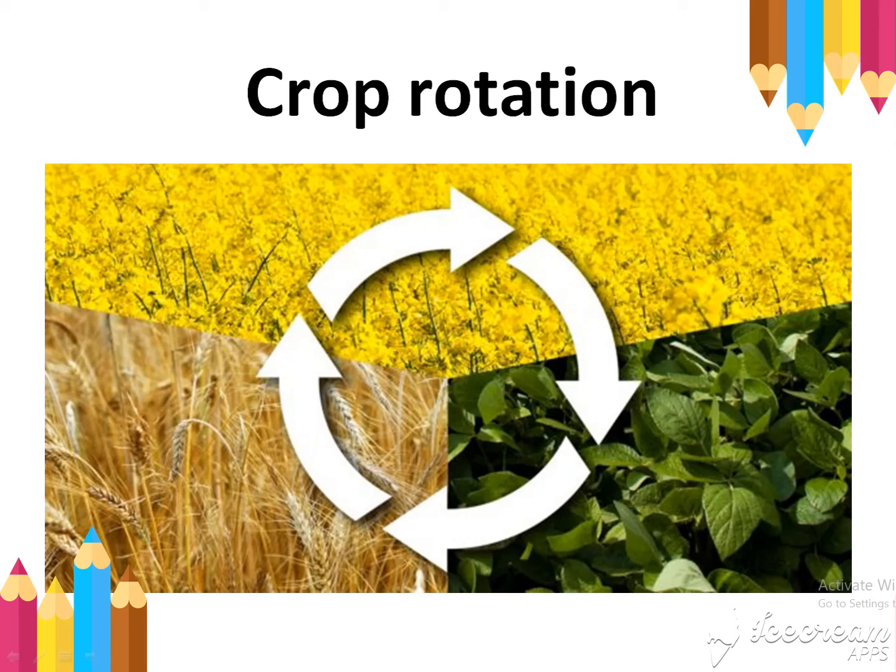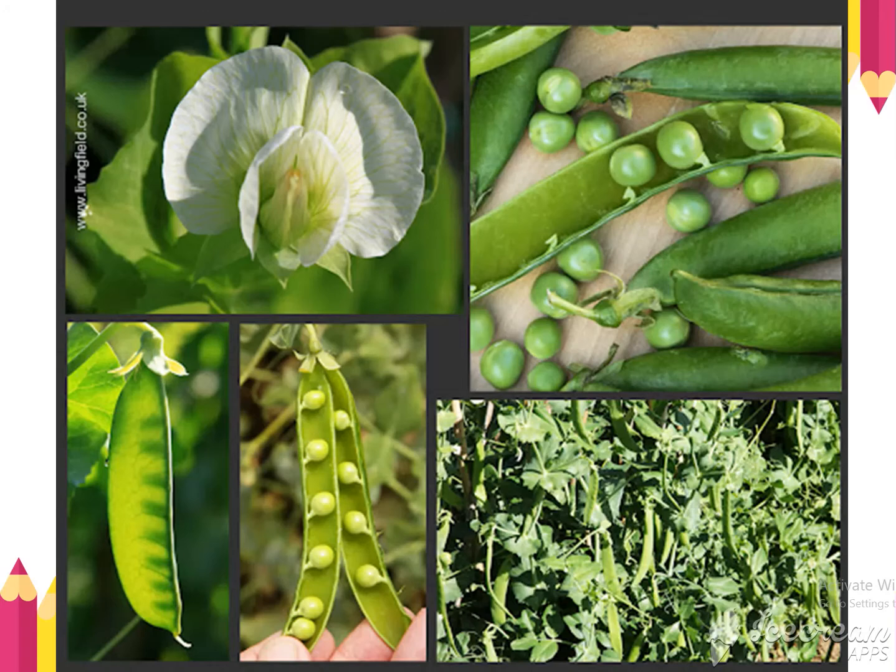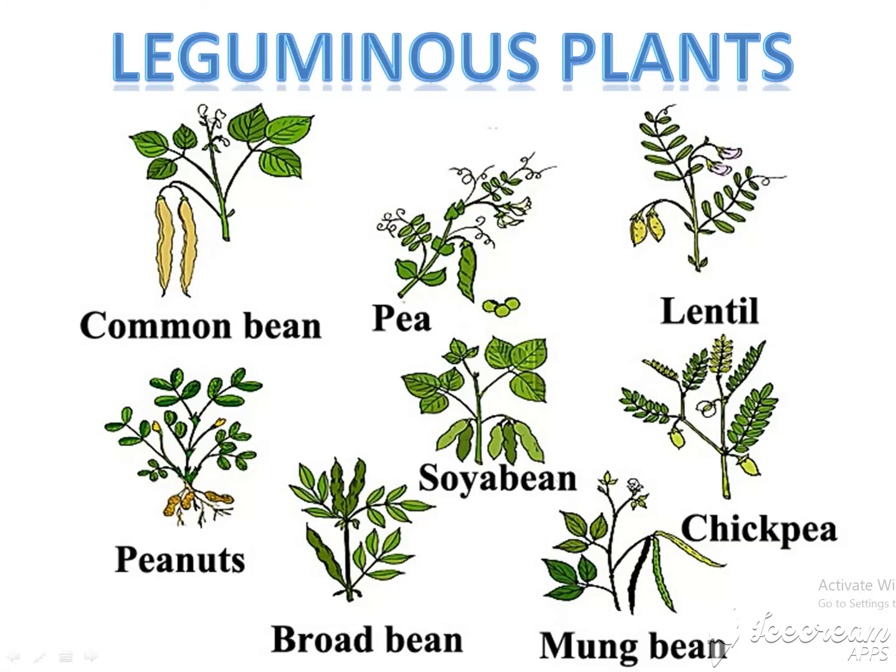That method is called crop rotation. So here wheat or paddy is sown in one season, and in the next season the leguminous plant will be sown, so that the other plant gets the nitrogen. So these are some of the leguminous plants: beans, pea, lentil, peanuts, soya bean, chickpea, broad bean, mung bean.